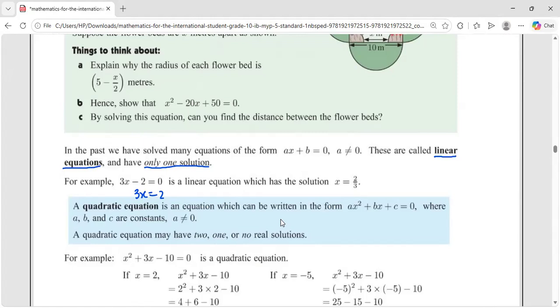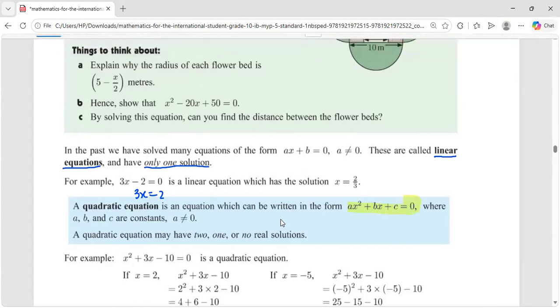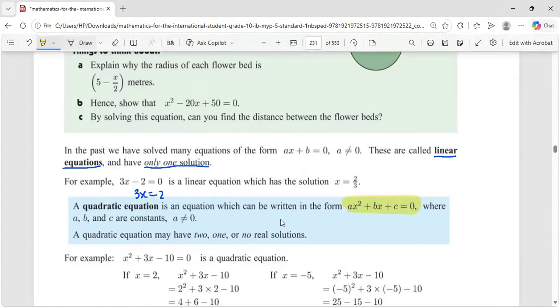A quadratic equation is an equation which can be written in the form ax square plus bx plus c, where a, b, and c are constants.